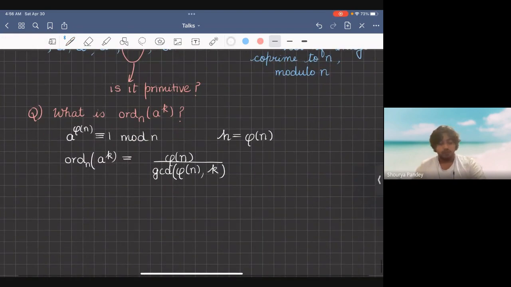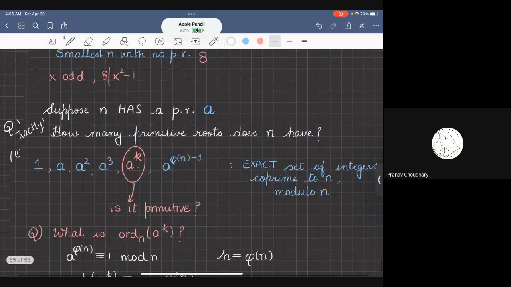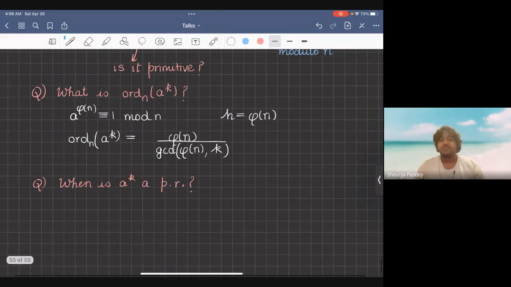Okay, so my next question is, when is a to the k a primitive root? GCD of phi of n comma k is 1. Let's let others think about it.